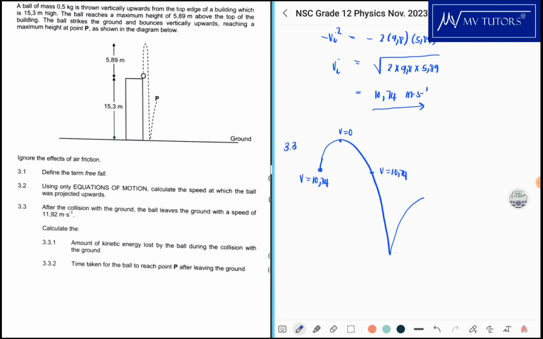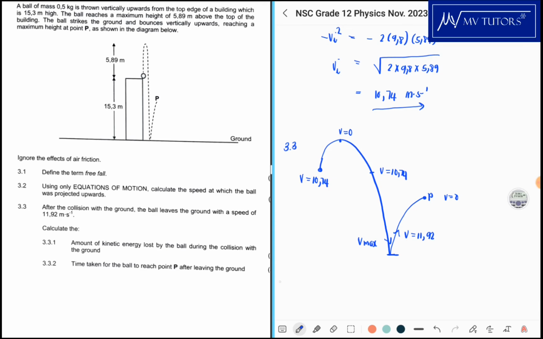Then it gets to the ground with some velocity, right? We know that it's V max, and then because it gets in touch with the ground, it loses some of its energy, it leaves the ground with the velocity of 11,92 meters per second, and then it reaches its maximum height at P, where velocity is 0.